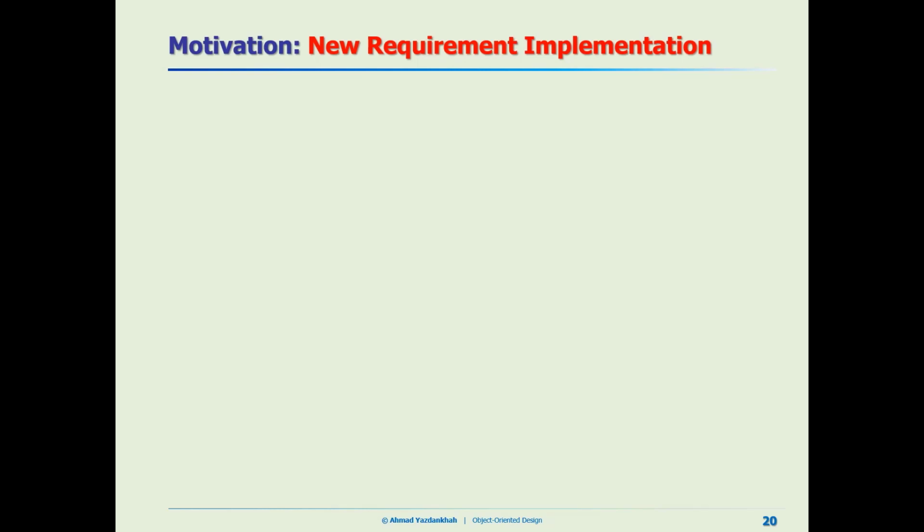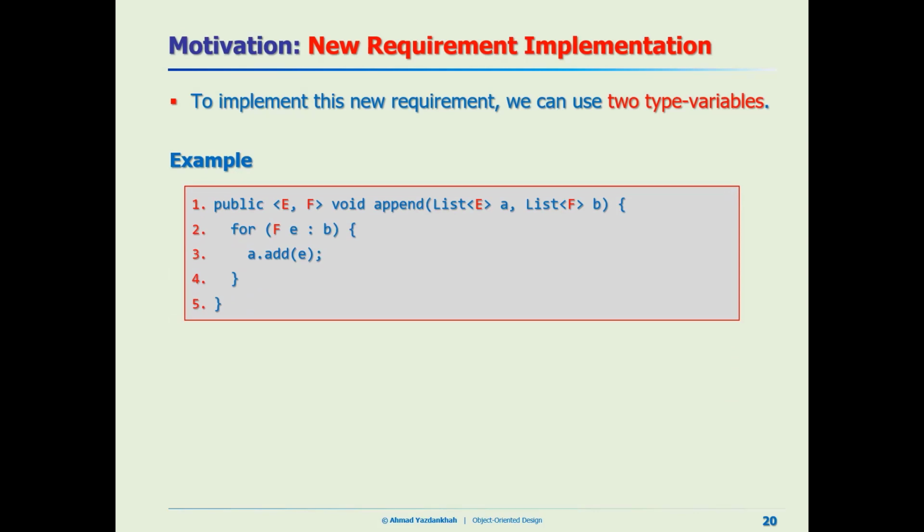Okay, so how can we implement that? Probably you would say, "It's no problem, just add another type variable." Yeah, here is the code. So I say this is E, but this is F. And since we have two type variables, we need to introduce two type variables here, right?